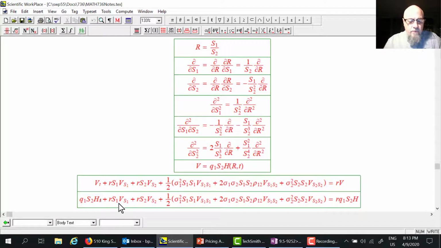So here's our derivative with respect to S1. So that's here. If I'm differentiating something with respect to S1, I multiply by 1 over S2 squared and then differentiate it with respect to the ratio.